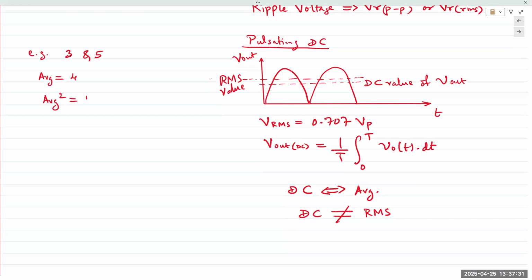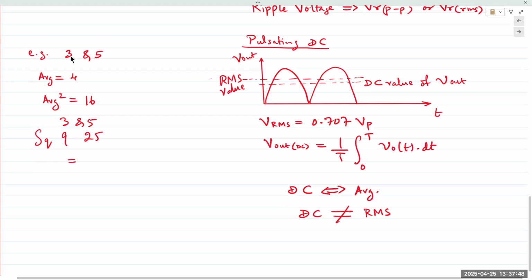Square of the average is 16. Now, if you take the same numbers and square them, the average of these two squares, 34, or the square root of 34, is larger than 4. Sorry, not 16. It's larger than 4. So the average of the squares is not the same as the square of the average.